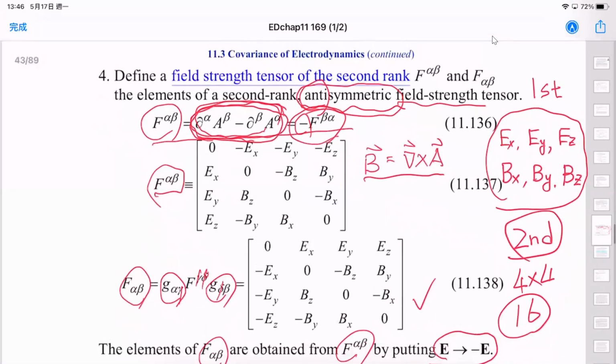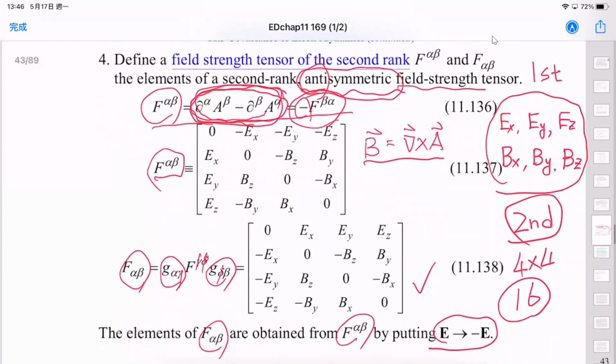Actually, no difficulty at all. Okay, so keep this in mind. You may have a chance to prove this property soon. Okay, next page.